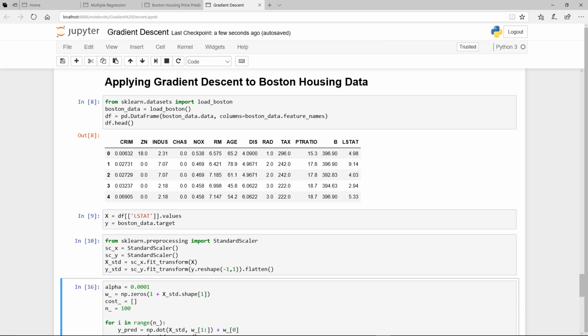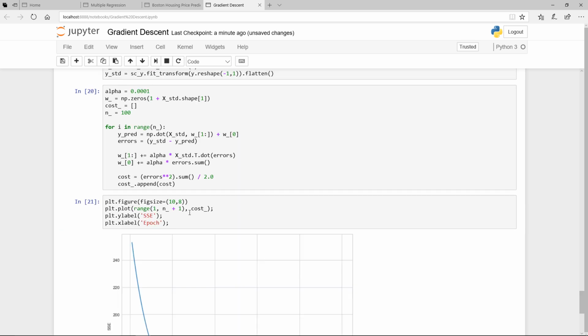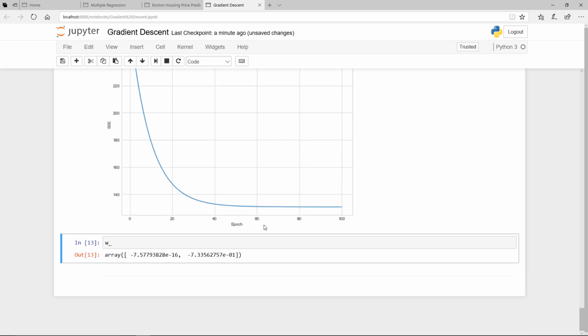Welcome back. I hope you've made an attempt at utilizing this whole thing on RM and altering the alpha a little bit, just to see what it looks like. The whole exercise is quite straightforward. Instead of LSTAT, I can just change it to RM, and I get a similar curve here.